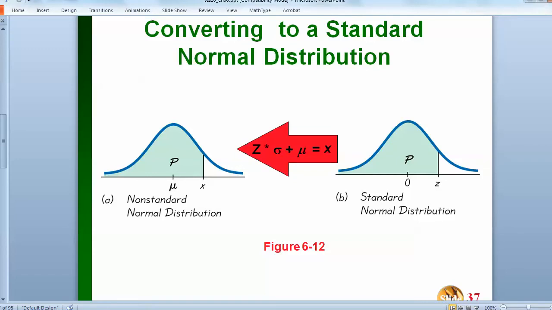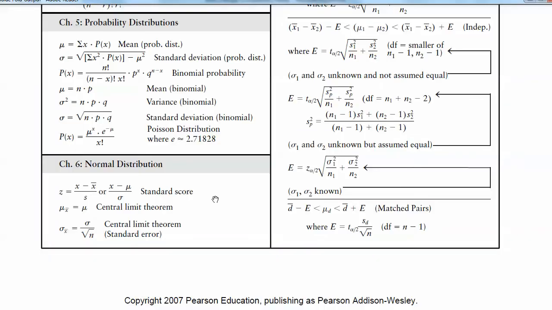Turn the calculation around: multiply z by the standard deviation, and add the mean, and then you can find what the data points were. Just use a little bit of algebra. Now on the formula sheet, that direction isn't explicitly stated.